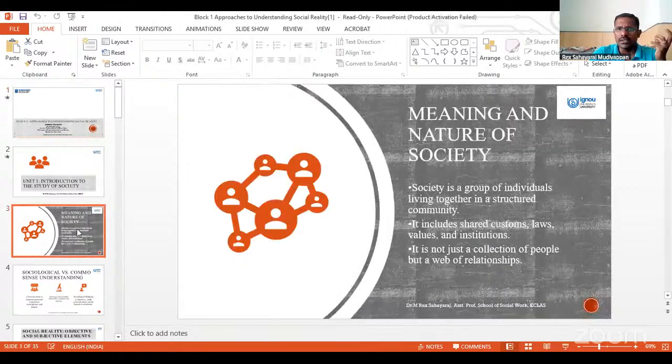This is what we have learned: meaning and nature of society. We understood what society is all about. Society is a group of individuals living together in a structured community, and it includes shared customs, laws, values and institutions.